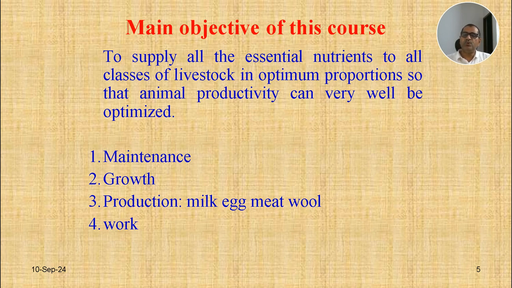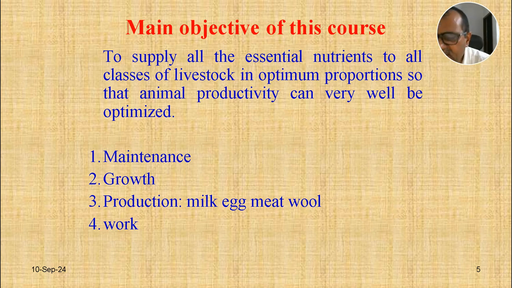So to study the requirement of the feed, number one is the maintenance of that particular animal. How much optimum quality and quantity of feed needs to be fed for maintenance? If an animal needs to live, it needs to have the maintenance ration.